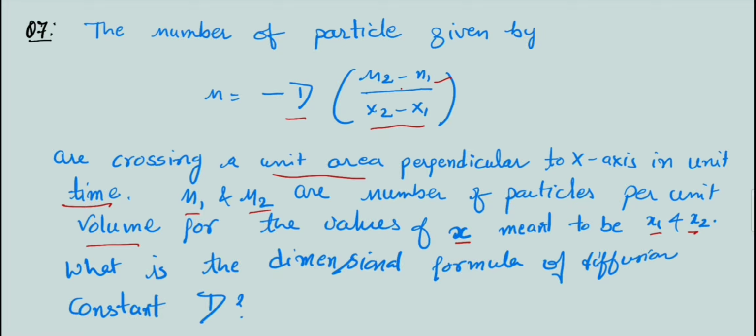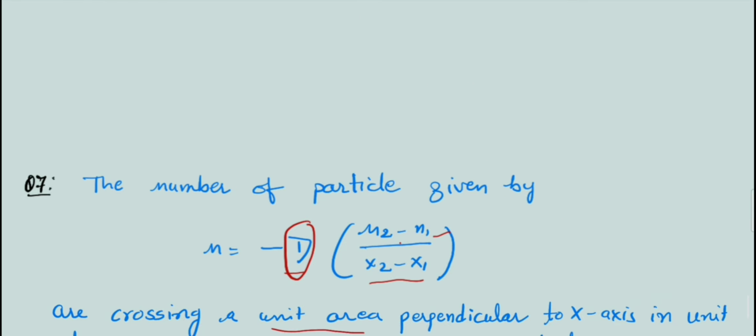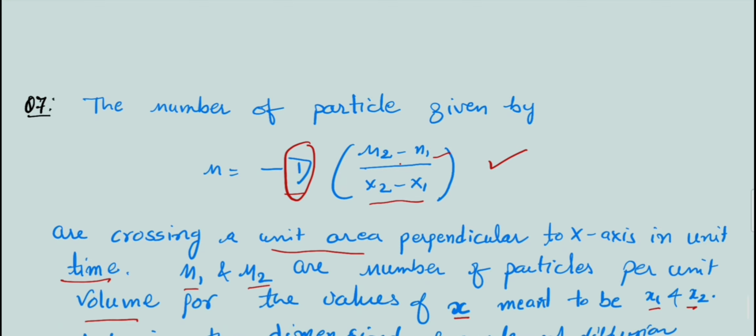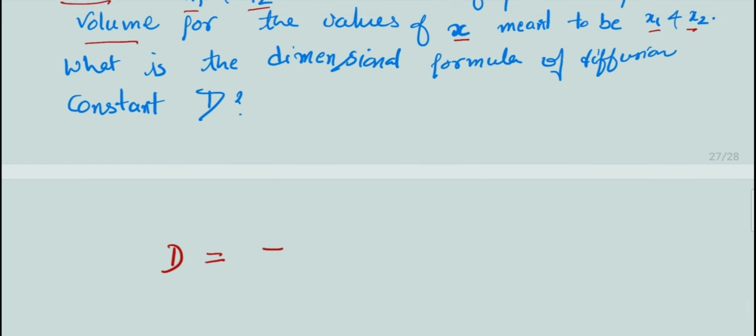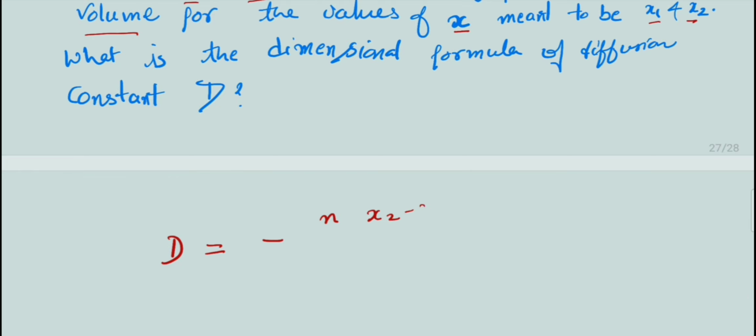What is the dimensional formula of diffusion constant D? So we have to find out the dimensional formula for D here. For that we can rewrite this formula in terms of D: D is equal to minus n times (x2 minus x1) divided by (n2 minus n1).